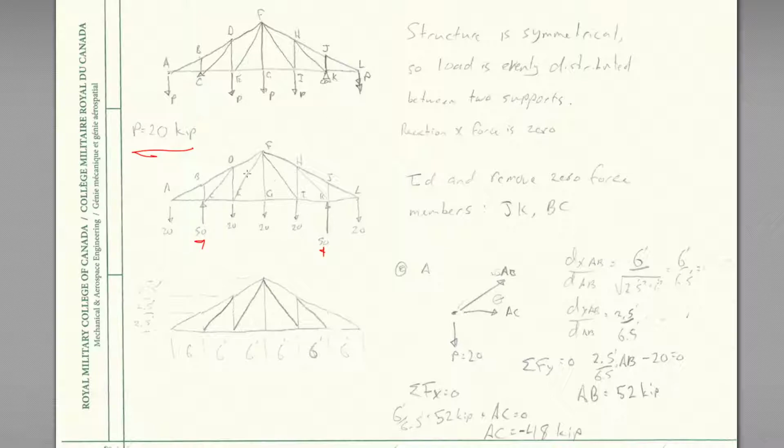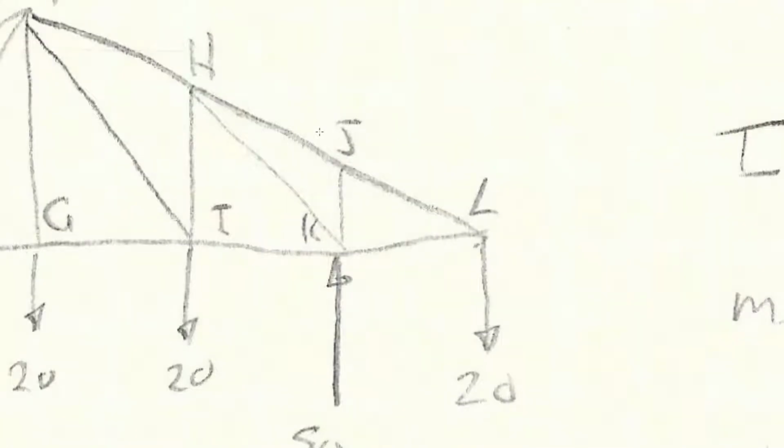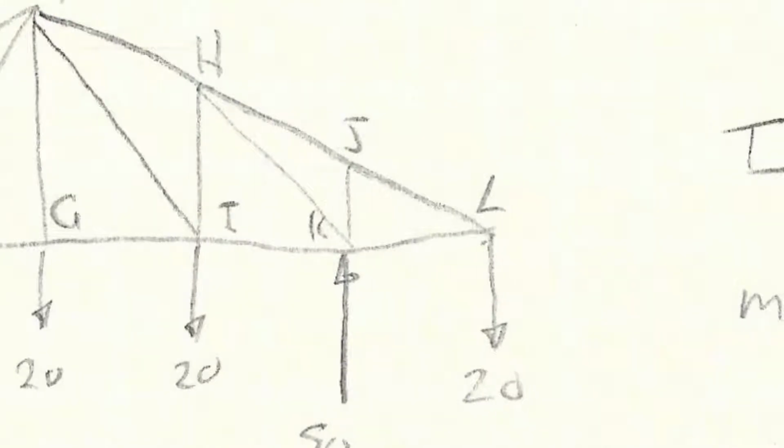So here we've got the structure as a whole, and a free body diagram of the structure as a whole. Next thing we can do to simplify things is identify and remove any zero force members. So I'm going to zoom in on this a little bit. We know that right here we've got one of those setups with two members that together form a horizontal line, and then a third member coming off of it.